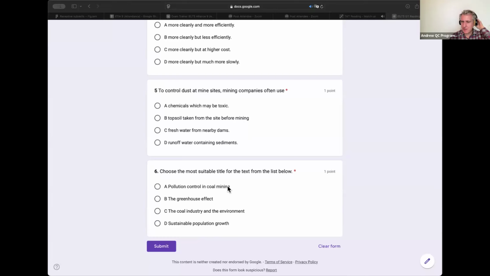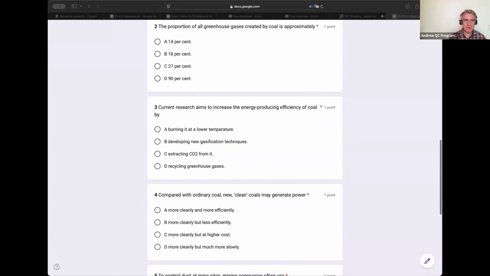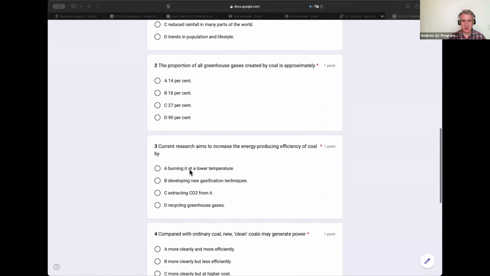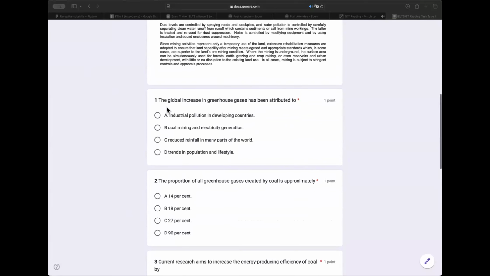As one is not quite like the others. Number 6. Number 6, why? You're right, but why? Because the other questions ask for specific pieces of information throughout the test.